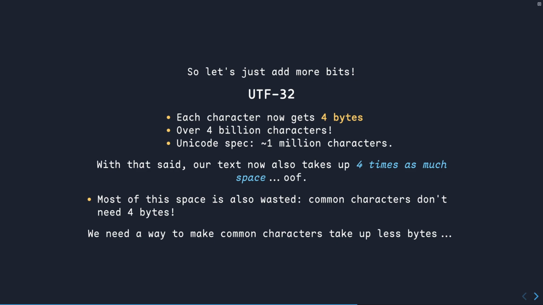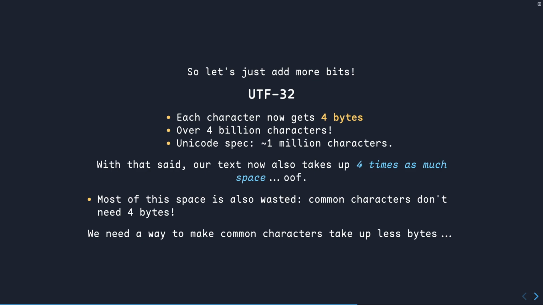But with that said, our text now also takes up 4 times as much space, which is not a good thing if you care about storage space. And our UTF-32 standard is also not backwards compatible with the existing ASCII, which will cause mojibake when the thing is misinterpreted. So there are a lot of problems here that need to be addressed.